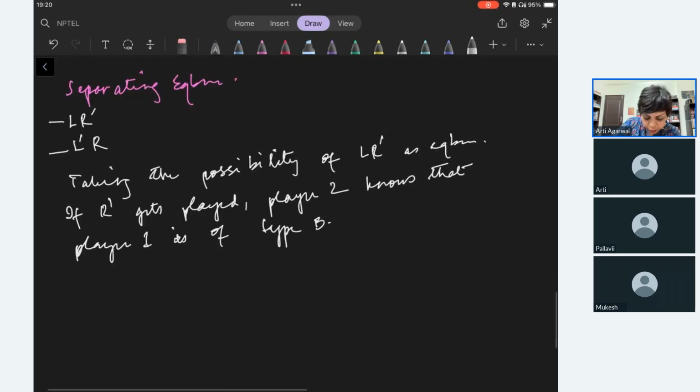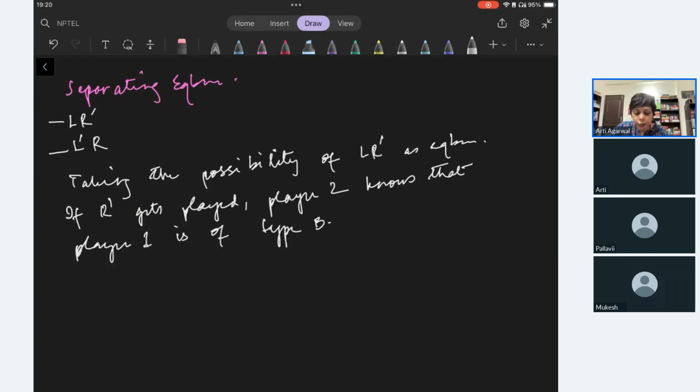Because only type B is going to play R prime. Type G is playing L in equilibrium. So if at all player 2 has to take a decision after R or R prime and he knows that the node R prime is reached, then he knows that it is reached only if player 1 is of type B. It is not reached if player 1 is of type G.